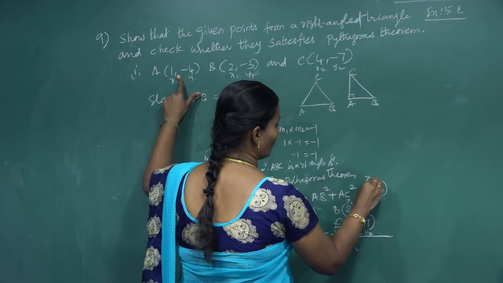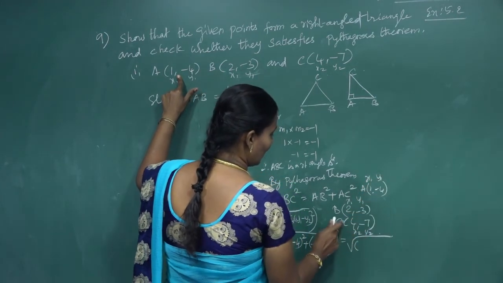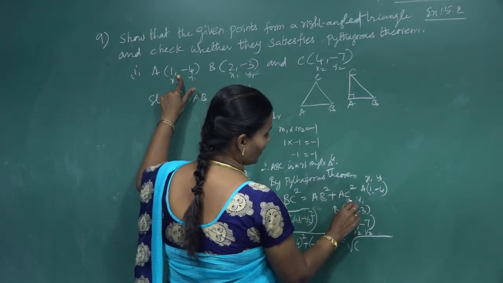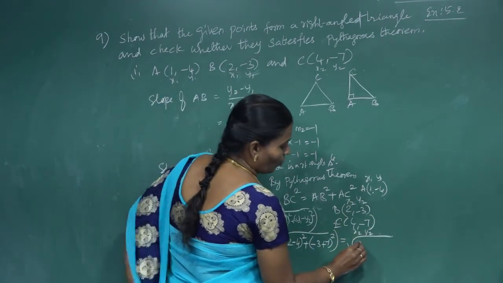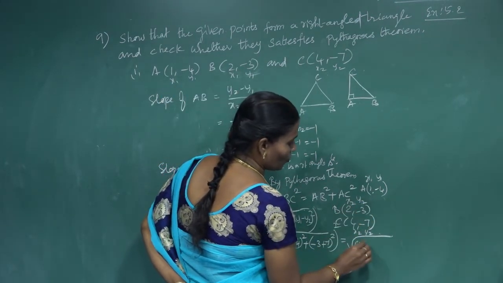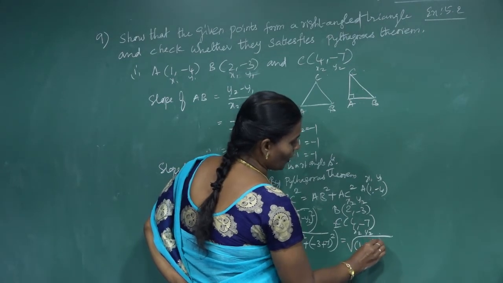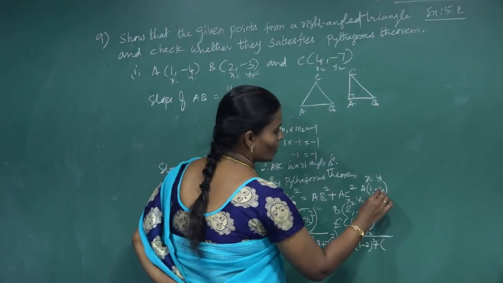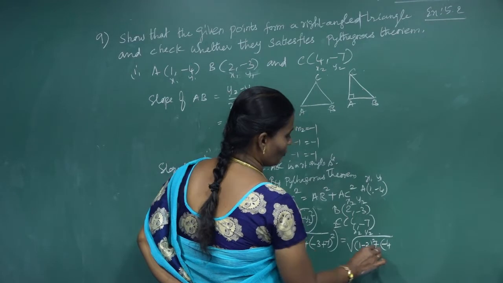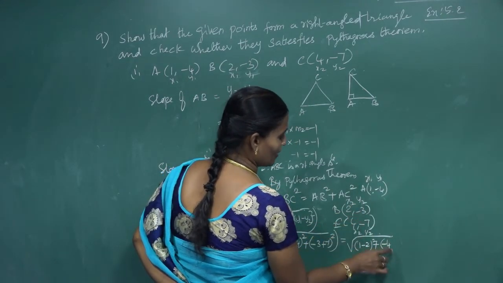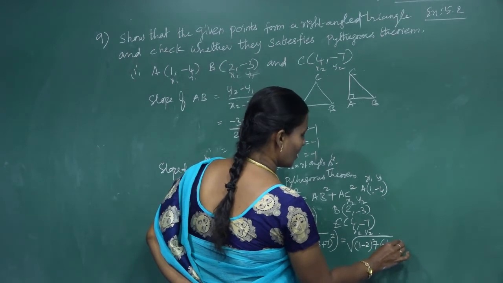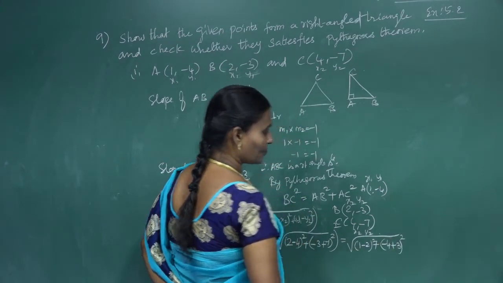You consider this is x1, y1, and B point is x2, y2. So 1 minus 2 the whole square plus, what is y1? Minus 4. What is y2? See, y2 is minus 3. So minus 4 minus of minus 3, that is plus 3, the whole square.